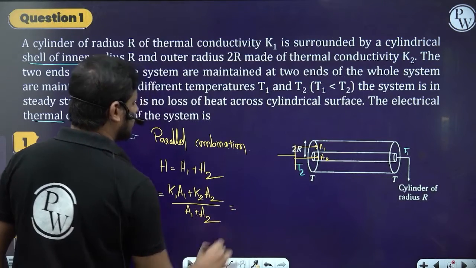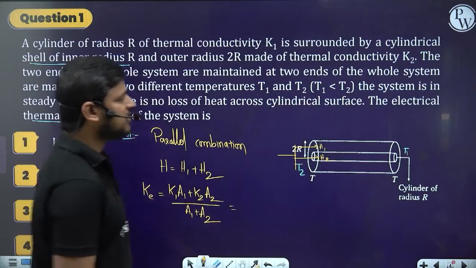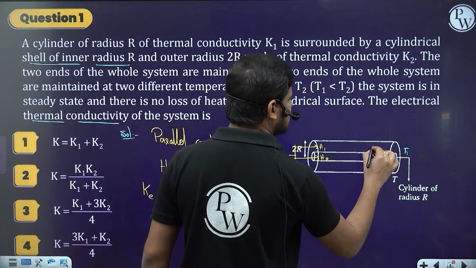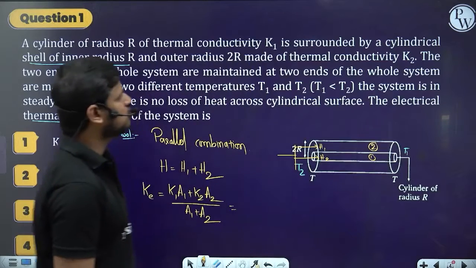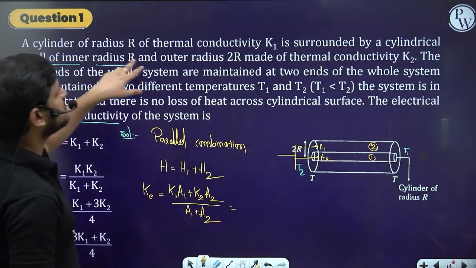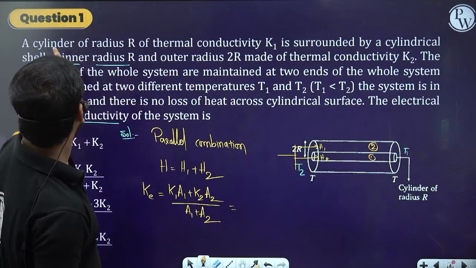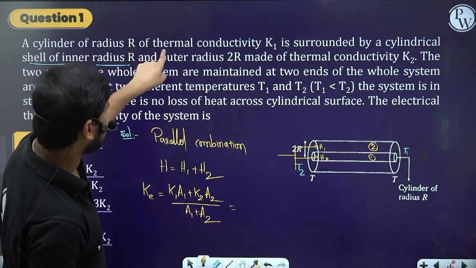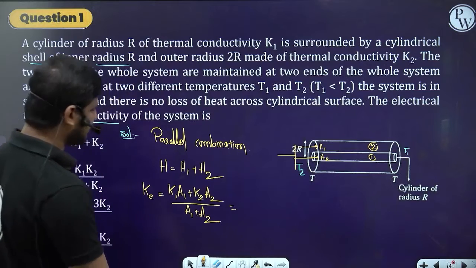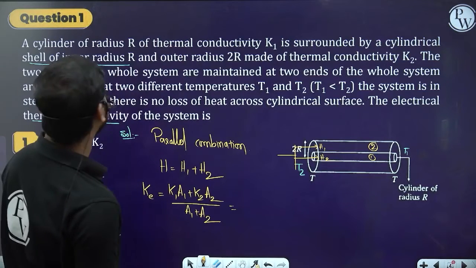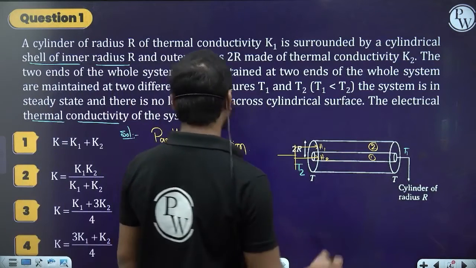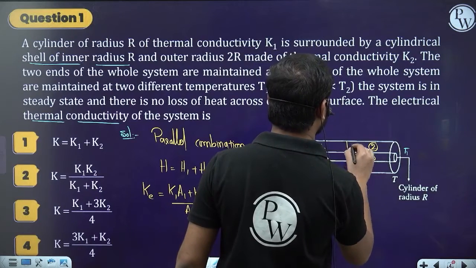Let the inner one be conductor 1 and the outer one conductor 2. See here, their areas we have to find, they did not mention. Their thermal conductivities are K1 for the inner one and K2 for the outer one.